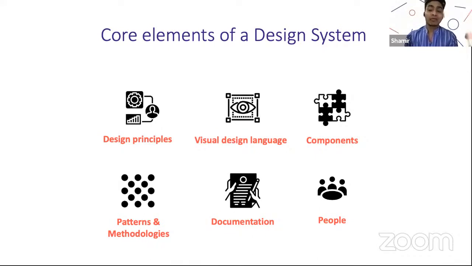Ideally, it would be a design team of the organization. It could be a design team that you hired externally. These are the people who will basically build the design system. So it's fair enough to bring in the people aspect as a core element of a design system.